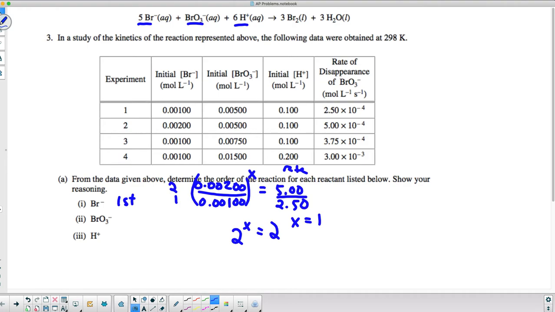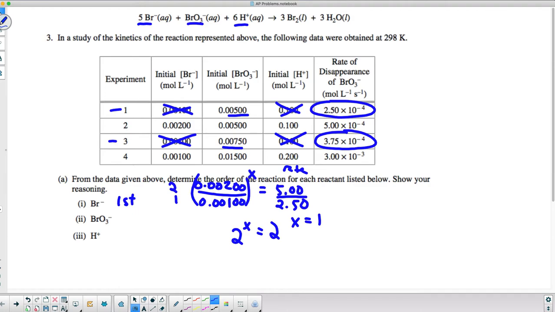Looks like if I take experiment 3 and experiment 1, bromide doesn't change. Bromate goes from 0.00500 to 0.00750, and H plus doesn't change. So that means that we're talking about this rate for experiment 1 and this rate for experiment 3.